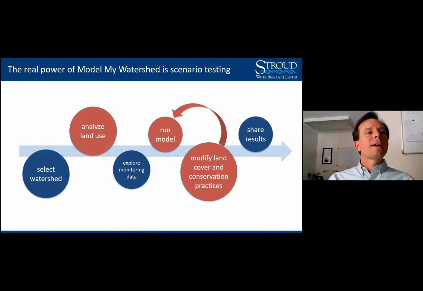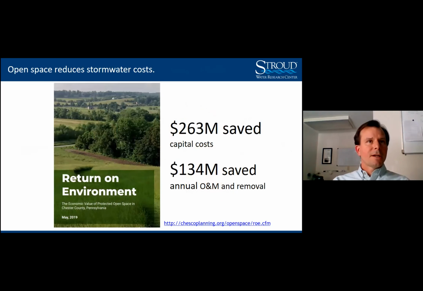So I'm going to wrap up by describing two different applications of the model, within Pennsylvania on a countywide basis and across Pennsylvania, to give you an idea of the scale and some of the applications. There was a report back in 2019 that the Stroud Center was involved with a portion of.